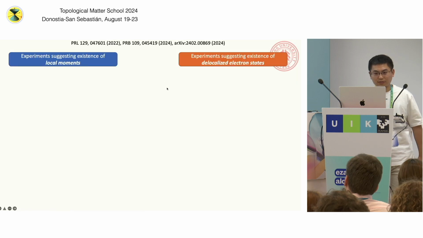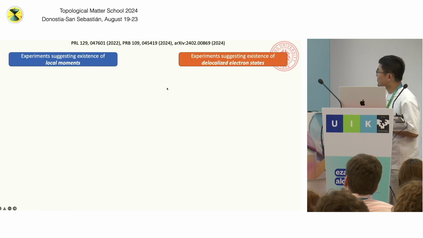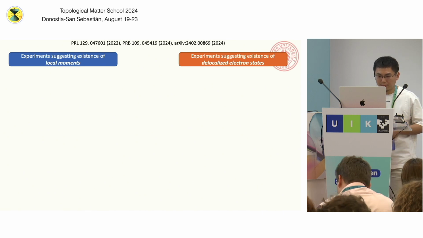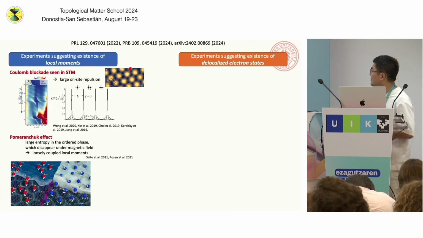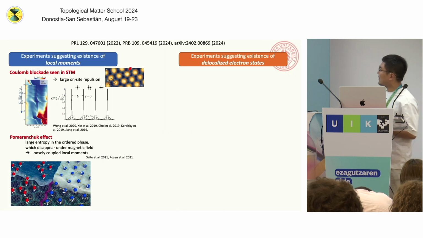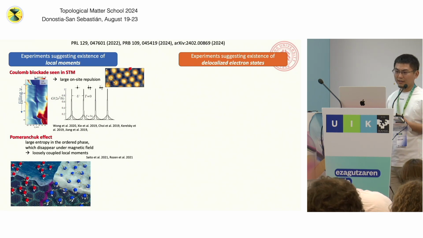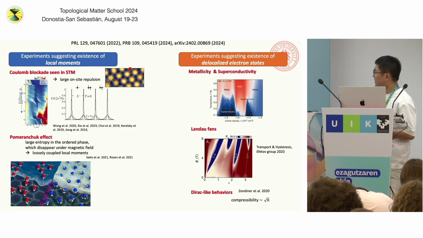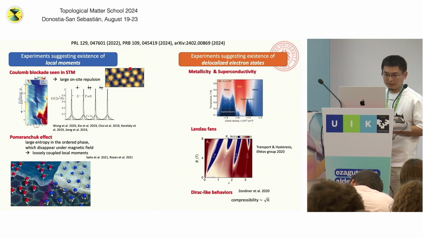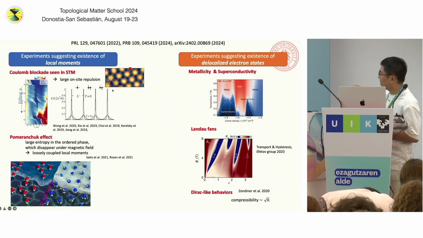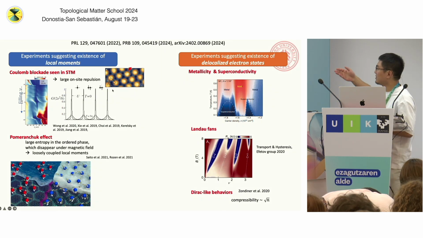Okay, so before I explain the superconductivity, let me explain our model for the electronic structure in twisted bilayer. In my view, I would like to classify all the experimental facts into two categories. One category shows the locality of the correlation, like the STM at a higher temperature above Tc.